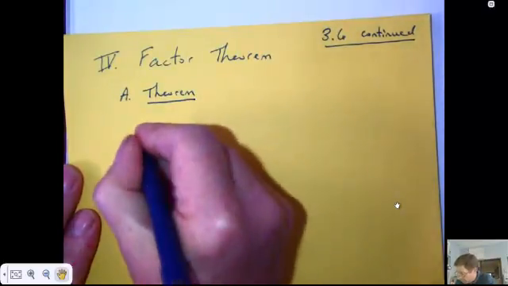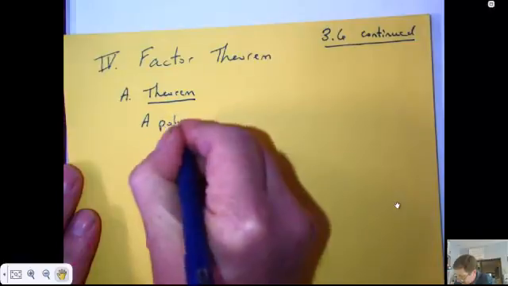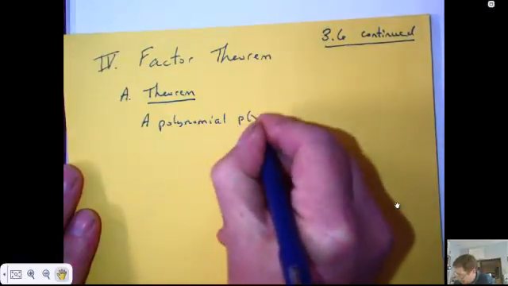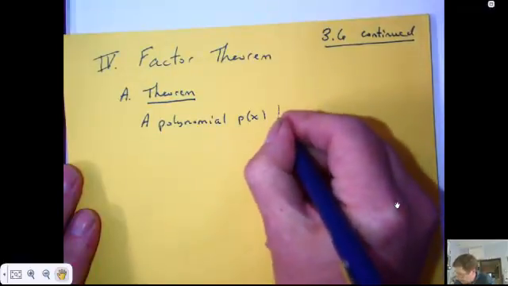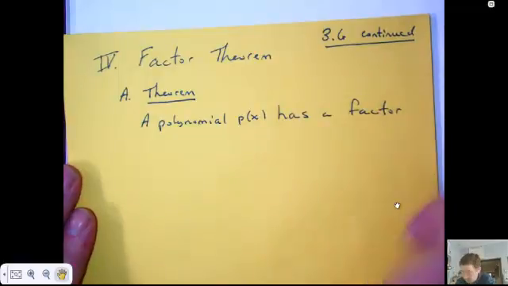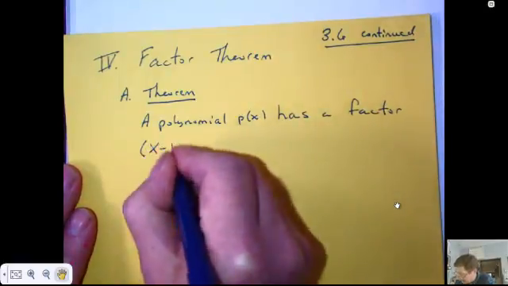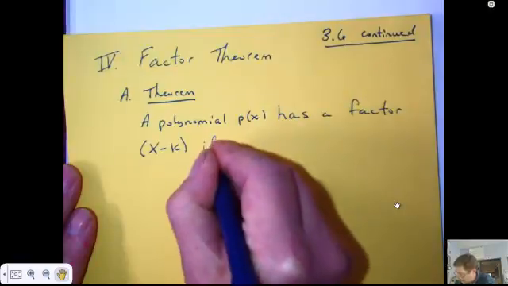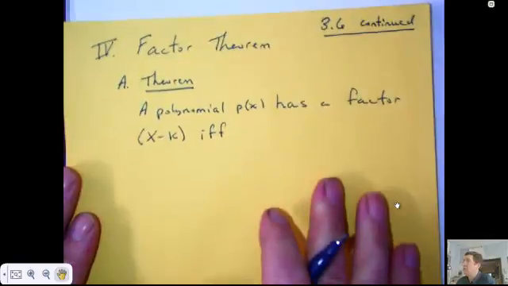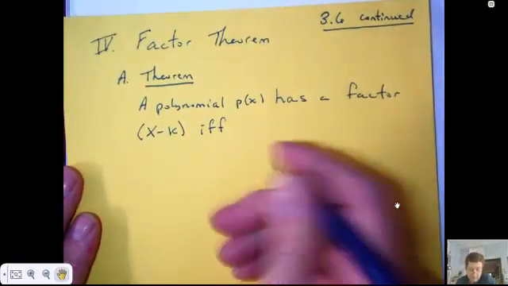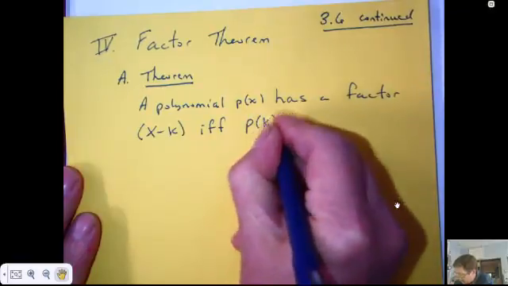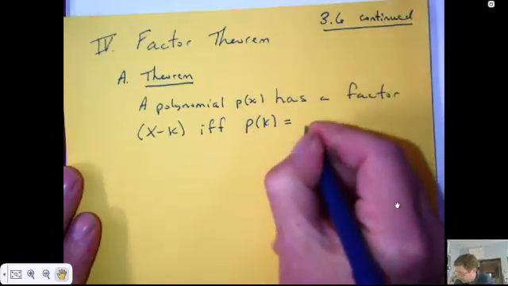It says if I have a polynomial P of x, it has a factor in the form of x minus k if and only if, and if and only if means that it goes both ways, so you can actually go from one side to the other, if the value of P of k equals 0.